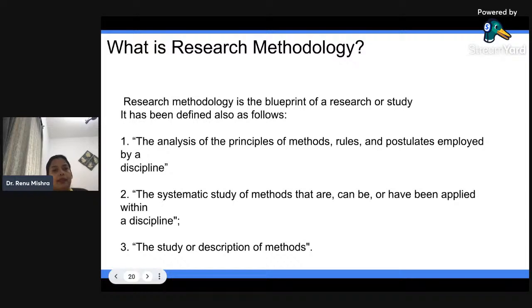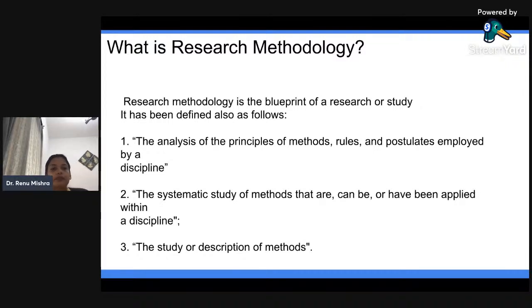Okay, research methodology is basically the skeleton of your research. When I say skeleton, it means like the skeleton of your body gives structure and shape to your body. Similarly, your research methodology provides a structure to your research body, to your study.